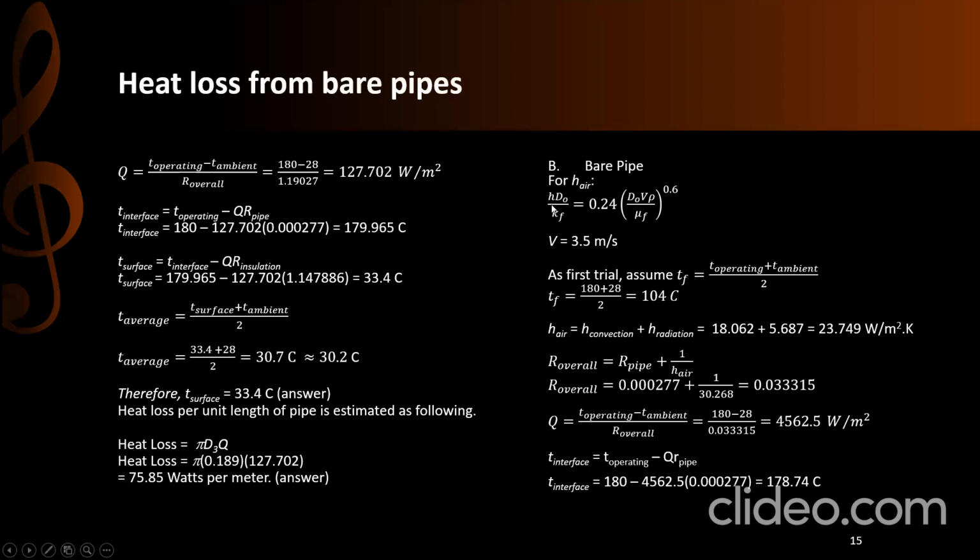So, for air, hD over kf is equal to 0.24 times D rho V over mu f to the 0.6. So V is 3.5 meters per second. Again, as first trial, assume T f is the average. Ang average niya is 104 C. So, dito, nakuha natin yan, 23.749 watts per meter squared.